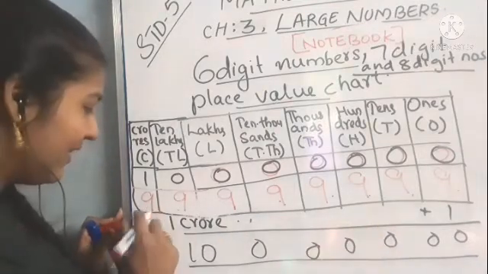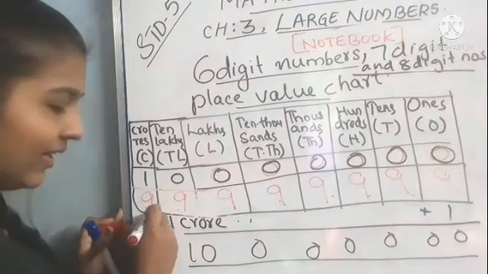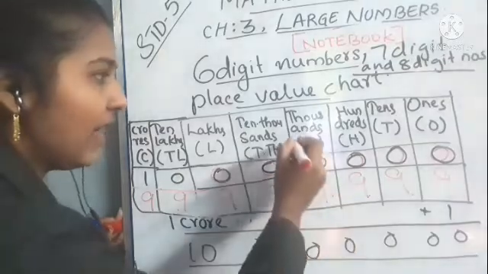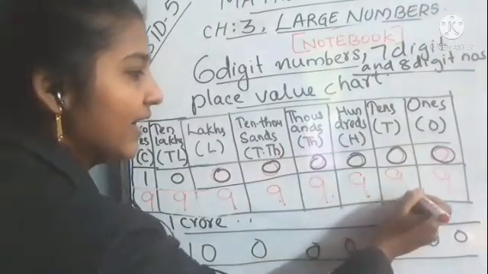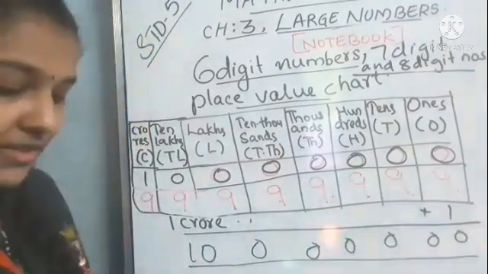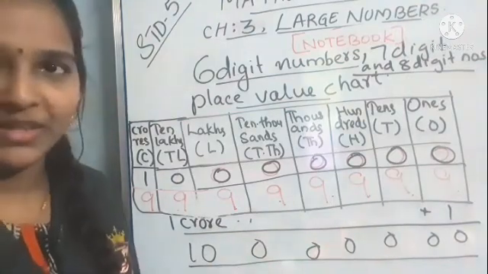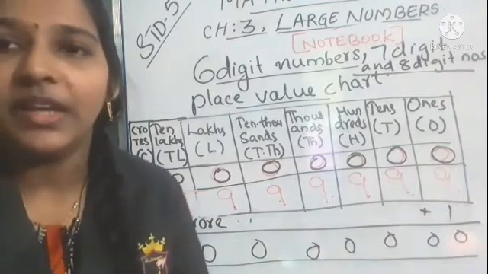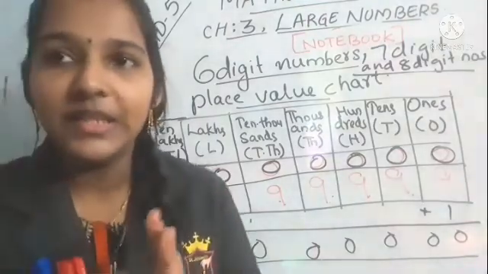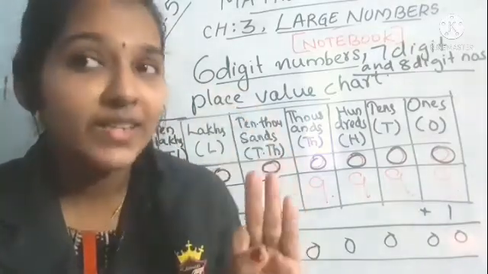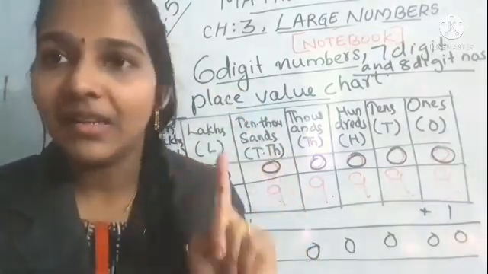We can read it as 9 crore 99 lakh 99,999. This is the way to read this 8-digit number. Clear, children?